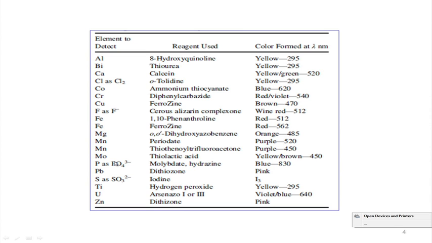Molybdenum blue is formed in the medium, and that formation will be assisted by the phosphate ion, because the molybdate MoO4 is very similar to your phosphate, and this phosphate will be trapped by this molybdate, and a characteristic blue coloration forms, and that blue coloration has a lambda max at 830 nanometer.